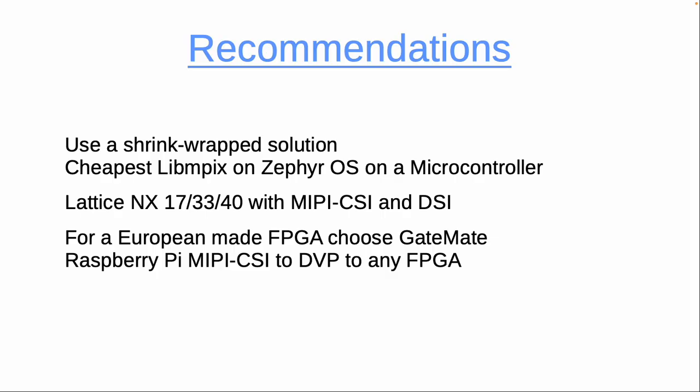If you want to use MIPI with an open source FPGA, use Lattice NX with MIPI CSI and DSI. That'll give you 2.5 gigabits. If you want 5 gigabits per second, then you should really use the European-made FPGA GateMate. And for the other FPGAs, you can use Raspberry Pi MIPI CSI to DVP. That'll give you 1.5 gigabits per second.